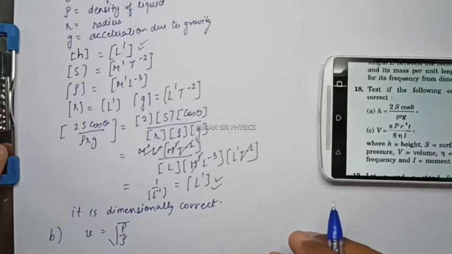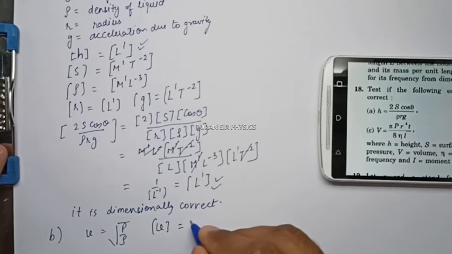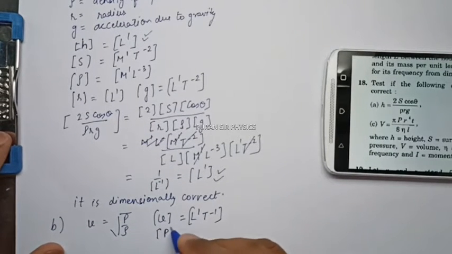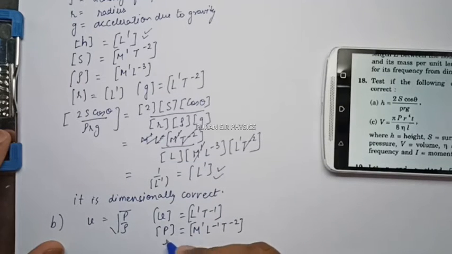So from here we can say the dimension of v will be L raised to power 1 T raised to power minus 1, and the dimension of P, pressure, that will be M raised to power 1 L raised to power minus 1 T raised to power minus 2, force per unit area, and the density will be M raised to power 1 L raised to power minus 3.